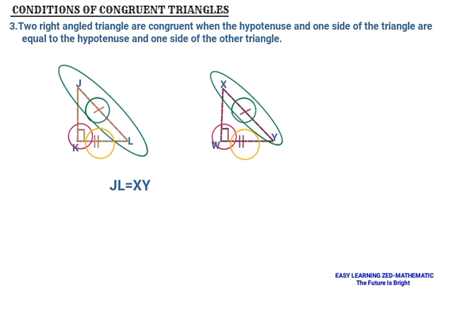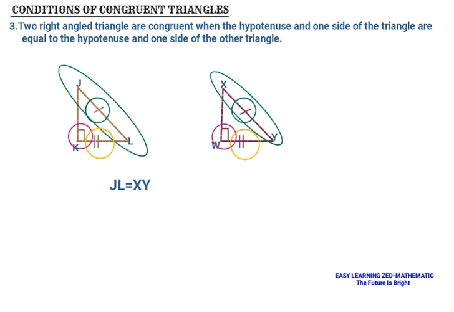Those are indicated by two lines, meaning the length of KL and WY is the same. Their distance is different from the distance of the hypotenuse, because for the hypotenuse there is only one line indicating it.